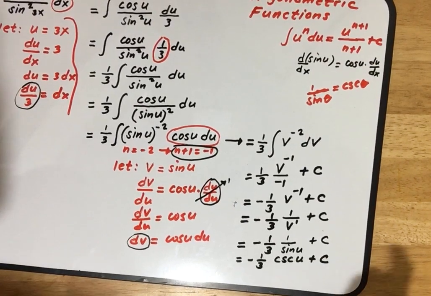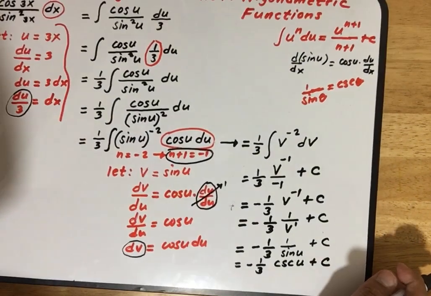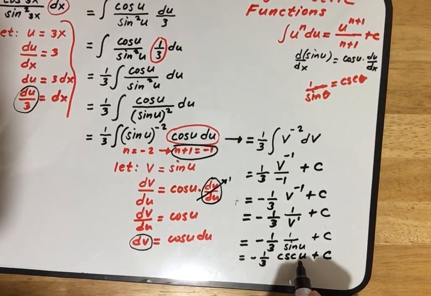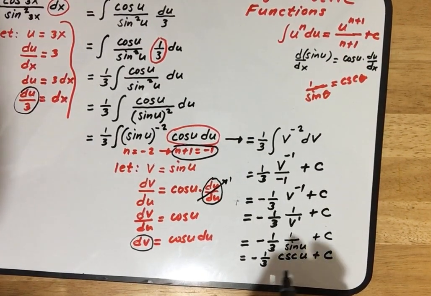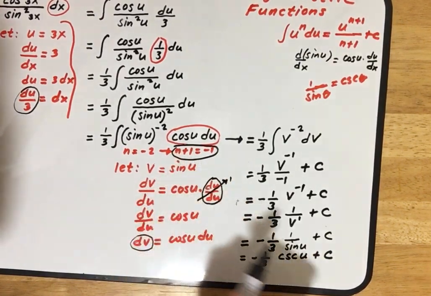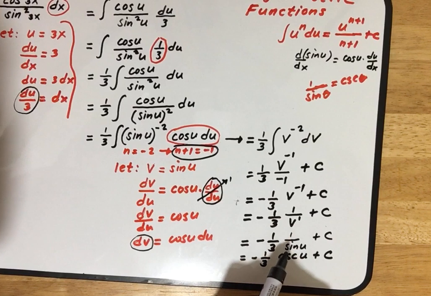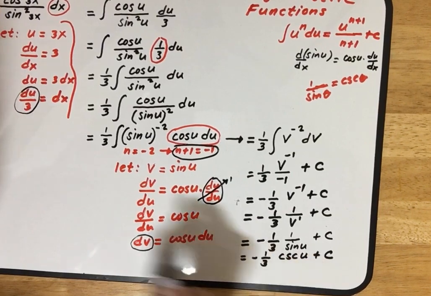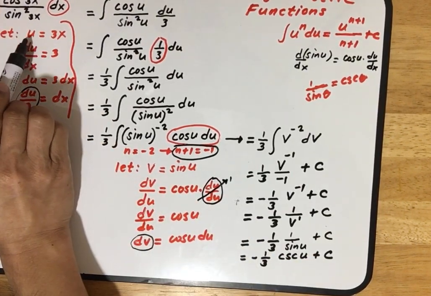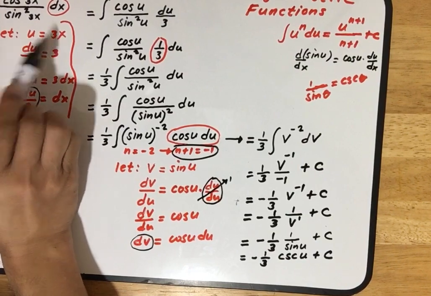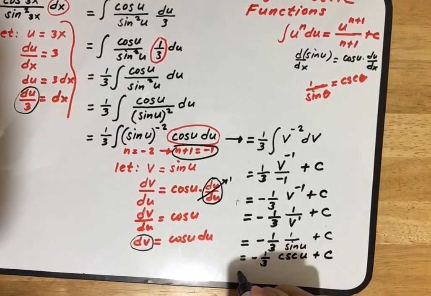So are we done? Not yet, because we still have u. We have to substitute. Here we did the first substitution by substituting the value of v, which is equal to sine u. Now we have to substitute the value of u. In our first substitution, we had u equal to 3x. So we bring it back to x.